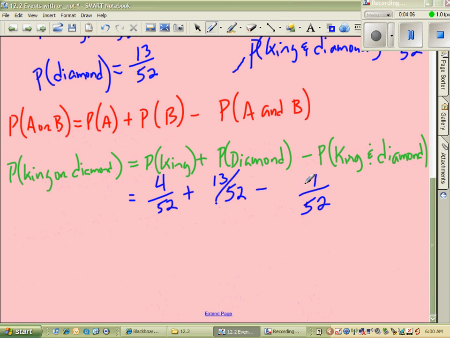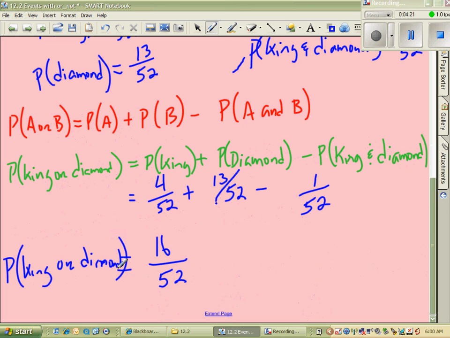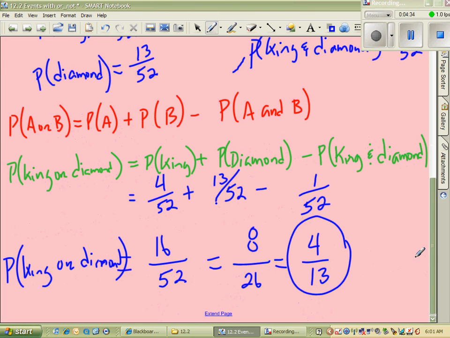We take away 1, and that's 16. So the probability of being a king or a diamond is 16 out of 52, which then reduces to 8 over 26, which reduces to 4 over 13. And that's your probability of being a king or a diamond.